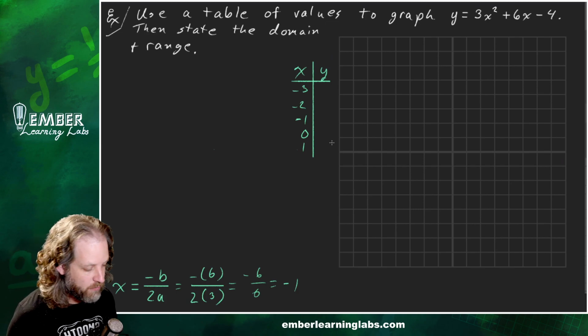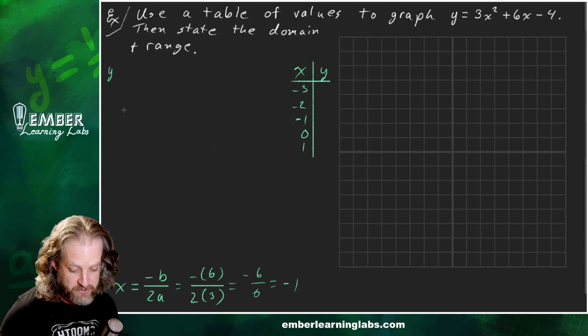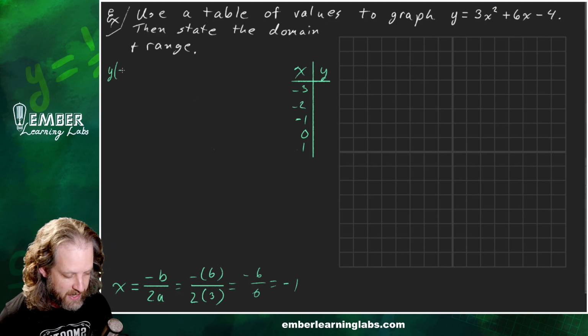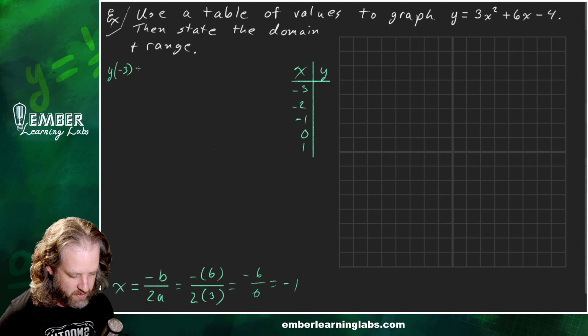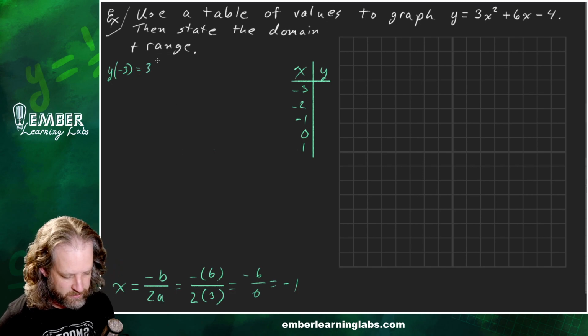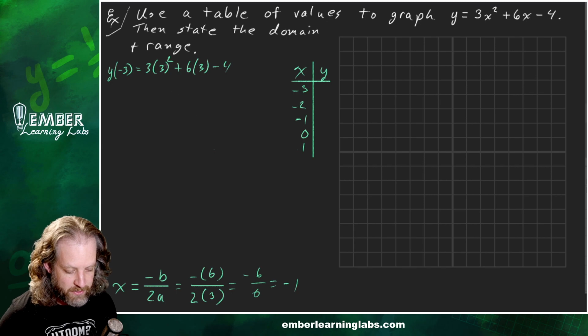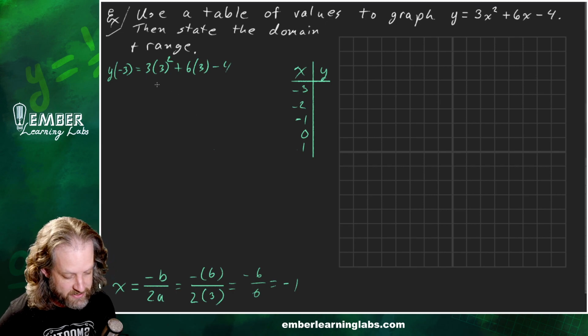All right, so we plug a negative 3 in there. I'm going to convert this to function notation. We're going to do y of negative 3. That way we know what we've labeled here. So 3 times 3 squared plus 6 times 3 minus 4. 3 squared is 9 times 3 is 27.